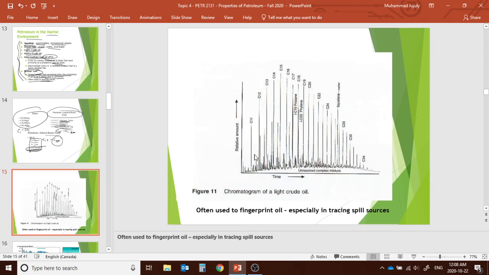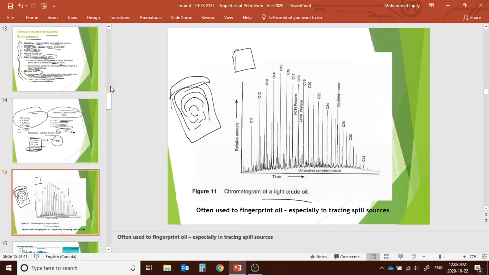This is a chromatograph of light crude oil. Now what is a chromatograph? A chromatograph is like a fingerprint. You know the fingerprint. It is the human index finger, and we get the fingerprint. What is a fingerprint? A fingerprint shows exactly what you are. A chromatograph is something like that. You have a mixture, and in the mixture, what are the components you actually have? That's given by this chromatogram.